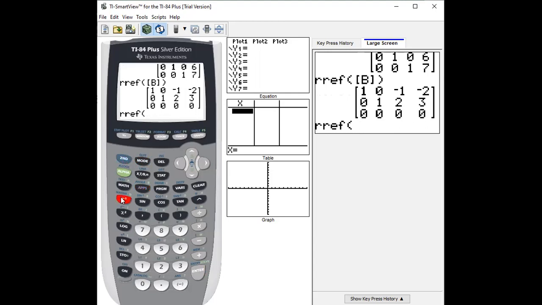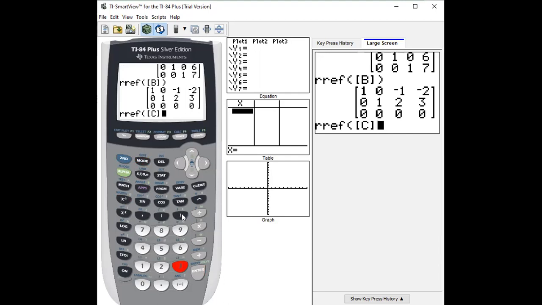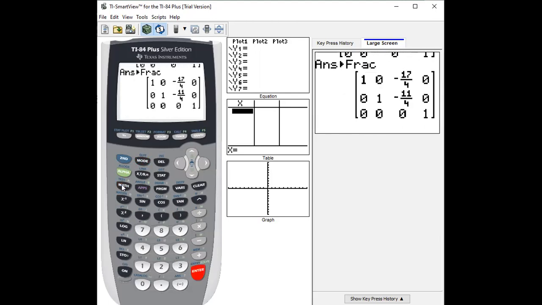And I am working with matrix C this time. And when I press enter, I get this solution. Now I can do this in terms of decimals. That's totally fine. If you wanted it in terms of fractions, you would just press math, enter, enter, and it'll give it to us in terms of fraction, but it's not going to change what we find this time.